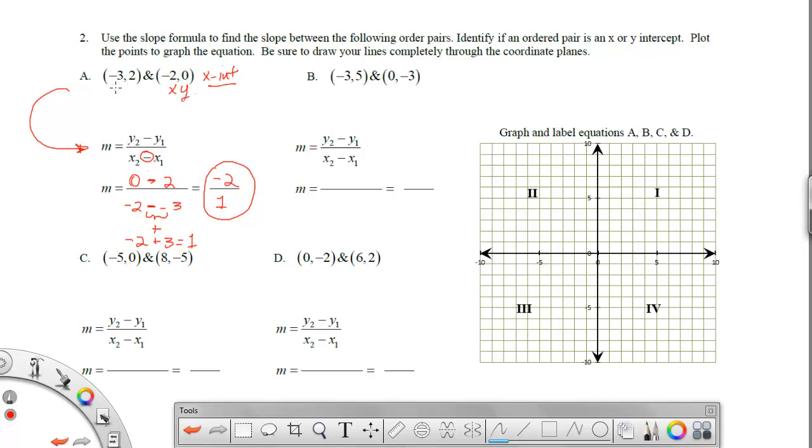Now the next thing I have to do is graph this line. I'm going to graph this line using these two ordered pairs. So first I go -3 on the x-axis and up 2. Here I'm going to go -2 on the x-axis, and I don't change anything on the y.